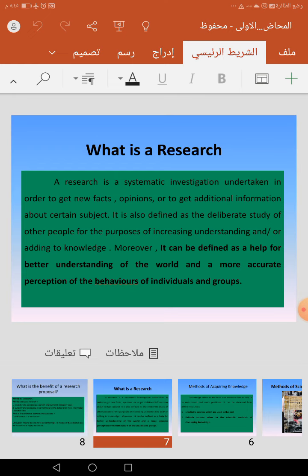Not subjectively, objectively. This is research. We research because we have problems, we have phenomena. We have curiosity about something. We want to search about a phenomenon, let's say. This is the meaning of research.